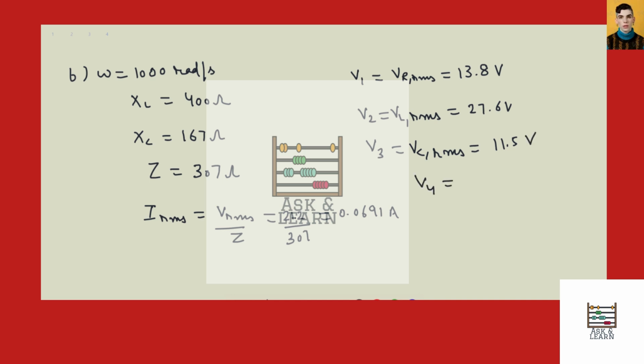V4 is VL RMS minus VC RMS, which comes out to be 16.1 volt. And V5, across the A and B points, is the same VRMS, equal to 21.2 volt.